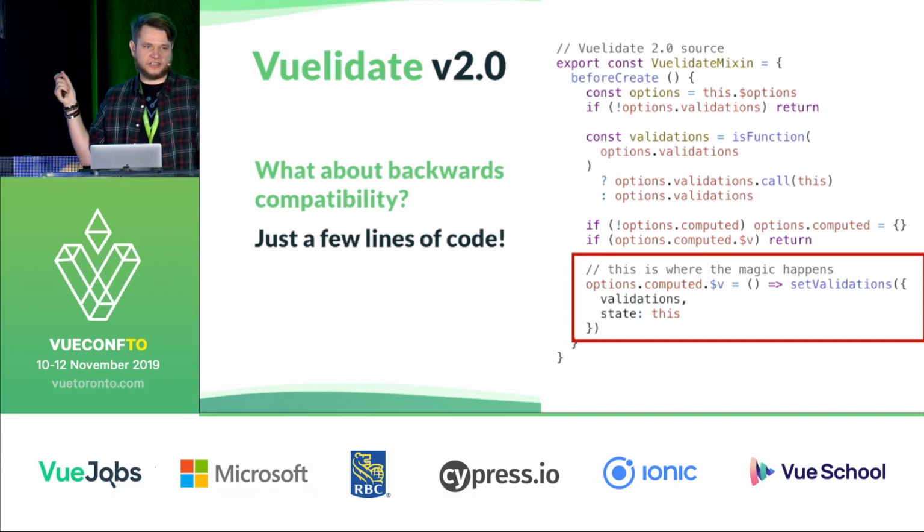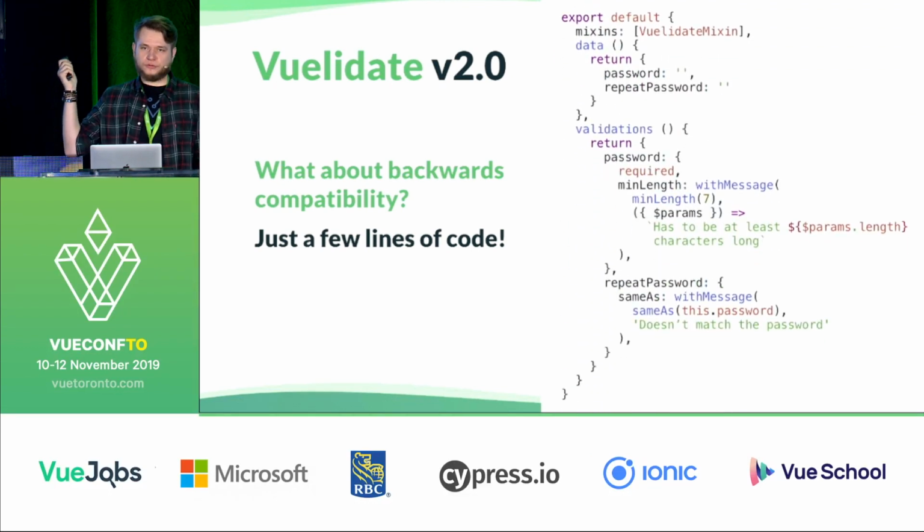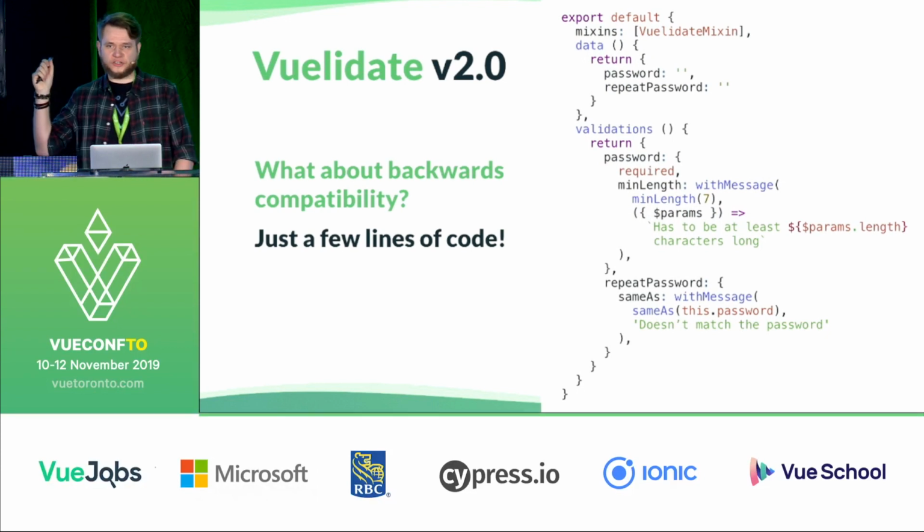And for the state, we just pass this, which equals the whole component. So we have access to computed properties, data, Vuex getters, and state, and all of those things. Okay, and yeah, this is how you use it right now. This is how you will be able to use it once the new version ships.